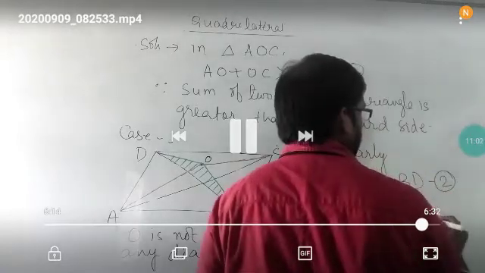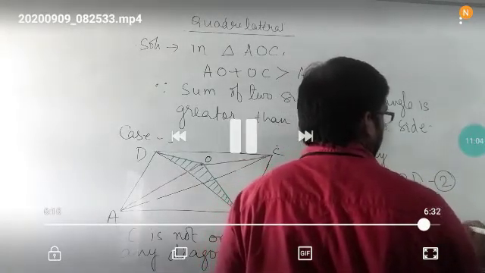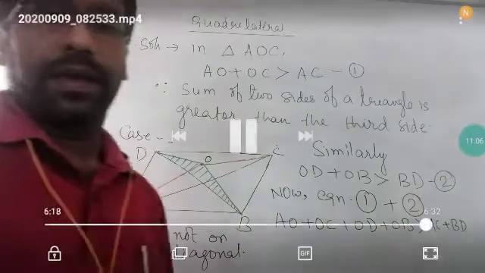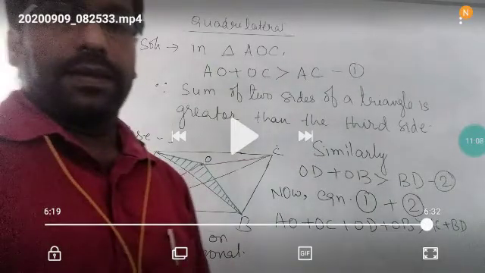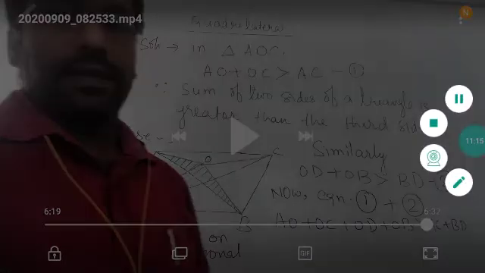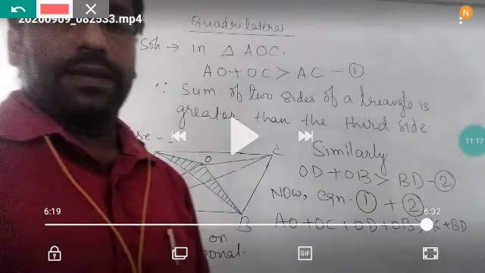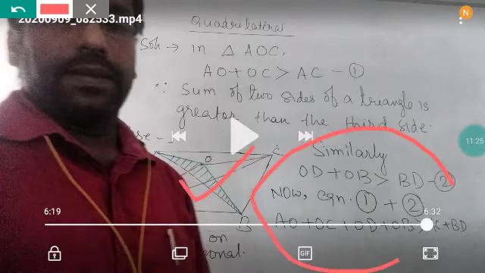So this is how we have proved that in a quadrilateral also we can use the triangle inequalities. This shape was a quadrilateral, and we have applied some other concept in this quadrilateral.